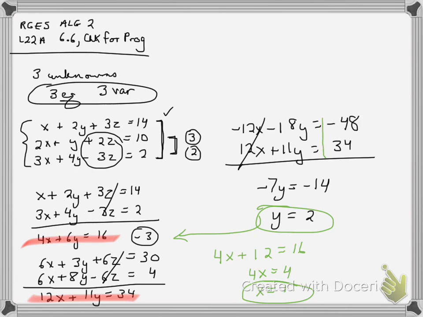And now I just need to take both of those. I should have come up a little higher, but I'll take my very top equation, and I will plug in both x equals 1 and y equals 2 and solve for z. X is 1 plus y is 2 plus 3z equals 14.